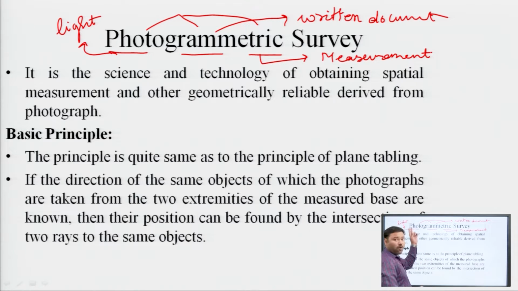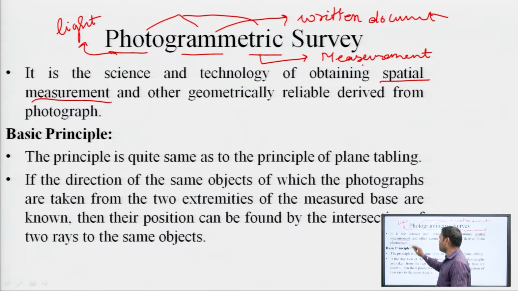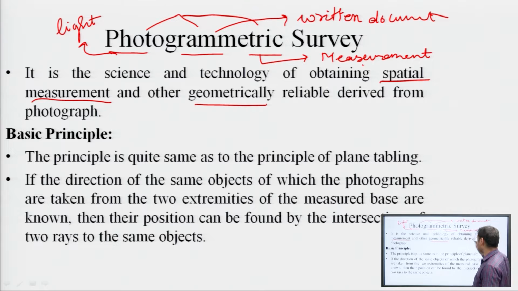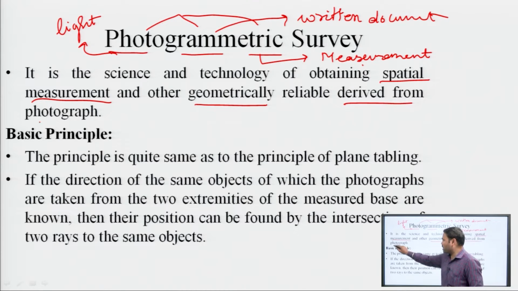By combining all these, light, written document and measurement, we can say that it is basically a science and technology of obtaining a spatial measurement along with the other geometrical data that can be derived from photograph.